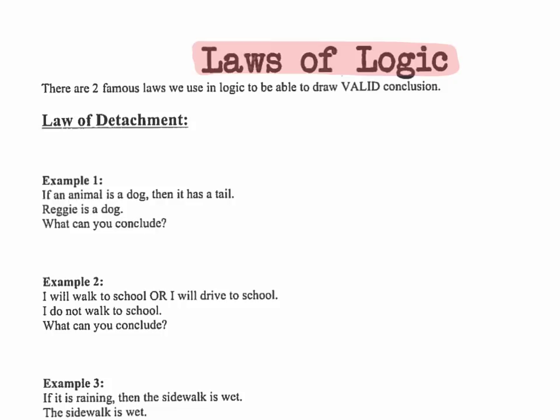So, we have two famous laws in logic where we're able to draw valid conclusions. The first one is the law of detachment. The law of detachment has two things that happen. The first thing is we have to assume the conditional is true.